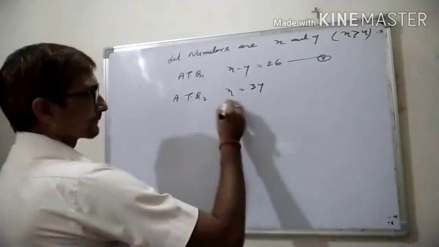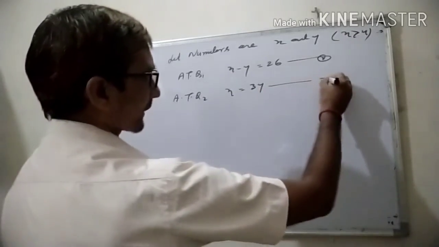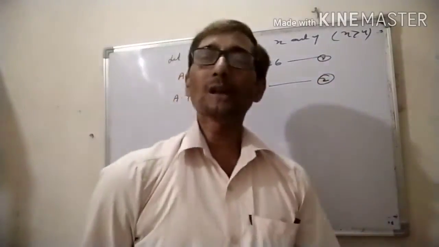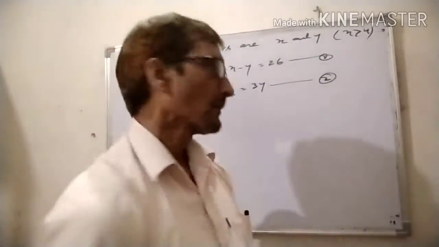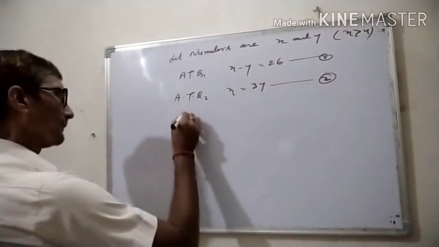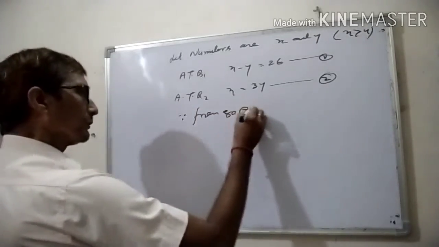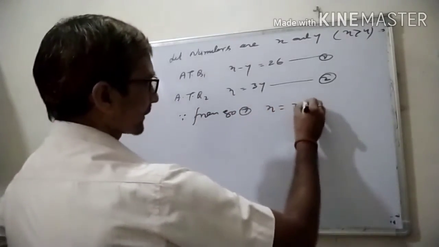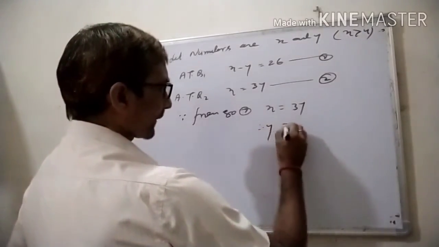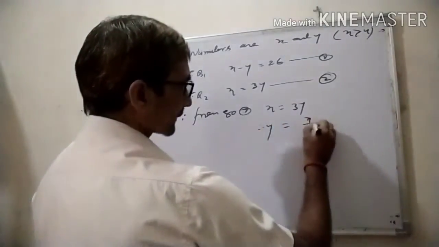This is the second equation. Now we have to solve it. Since from equation number 2, x equal to 3y, therefore y is equal to x by 3.